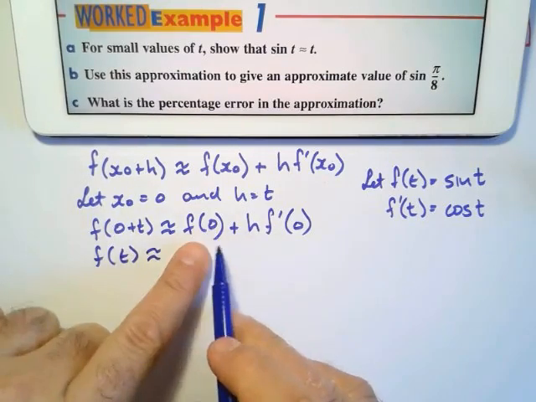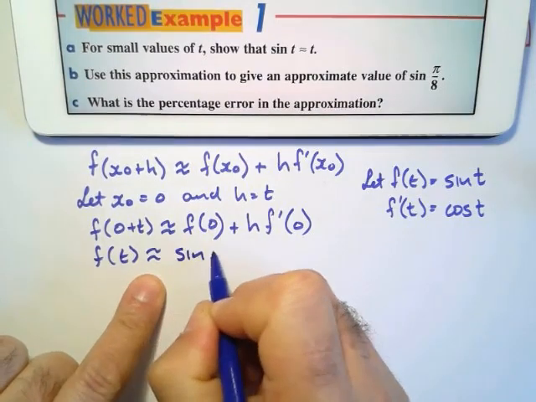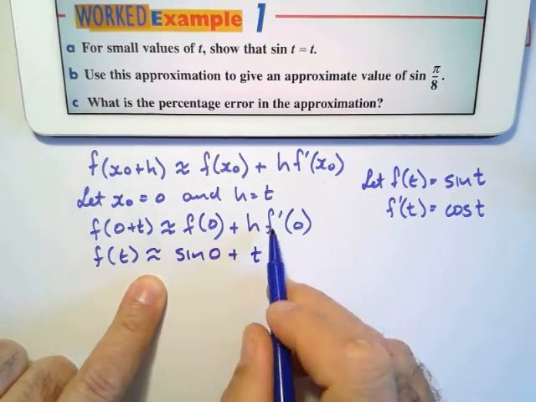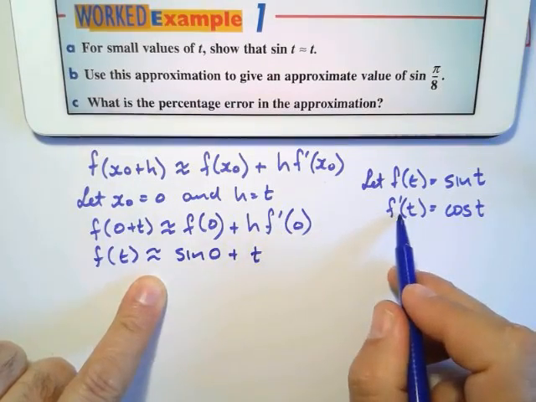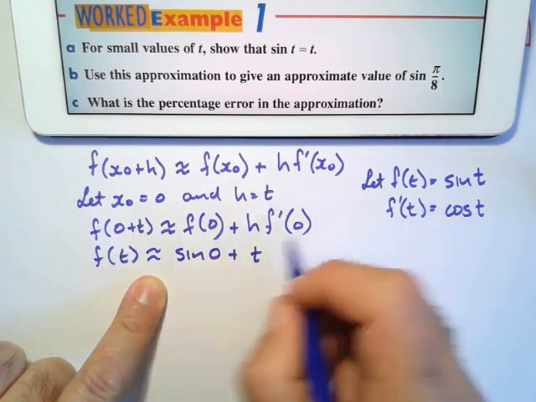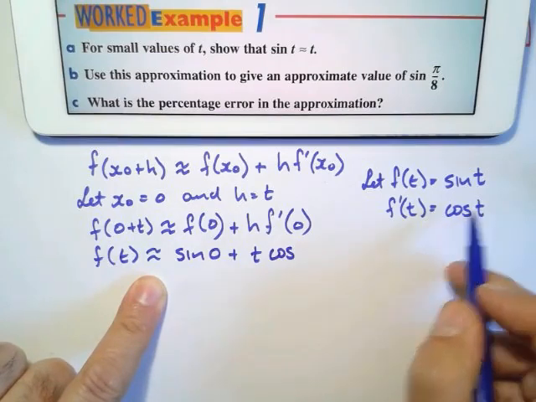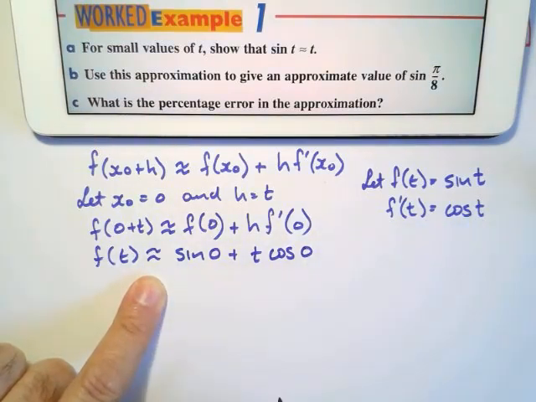For f at 0, I substitute 0 into f, so it gives me the sine of 0, plus h, which is t, multiplied by the derivative at 0. The derivative becomes the cos of t, but t is 0, so I put 0 in the place of t in there.